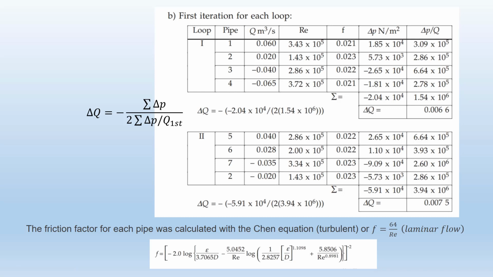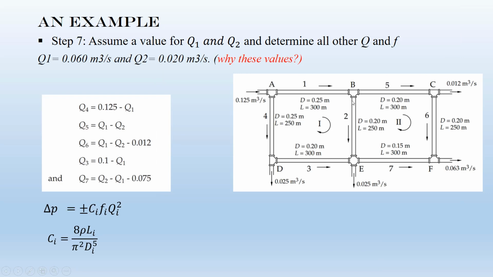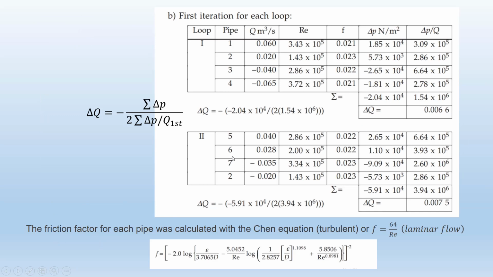The other thing is that, guys, pipe 2 is common between loop 1 and loop 2. Yeah, here, look. Pipe 2 is common between loop 1 and loop 2. So you need to write it for both loops, correct? So this is the information for loop 1, and this is the information for loop 2. And then if you look at this table, you can see that pipe 2 is available in both loops. However, for the second loop, the value for the Q is negative.